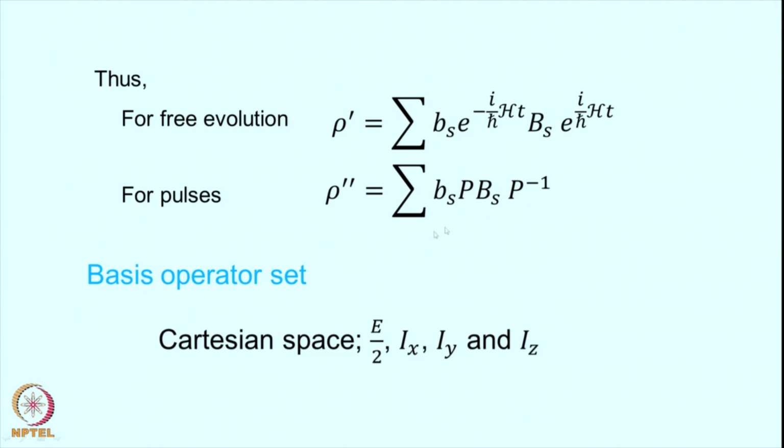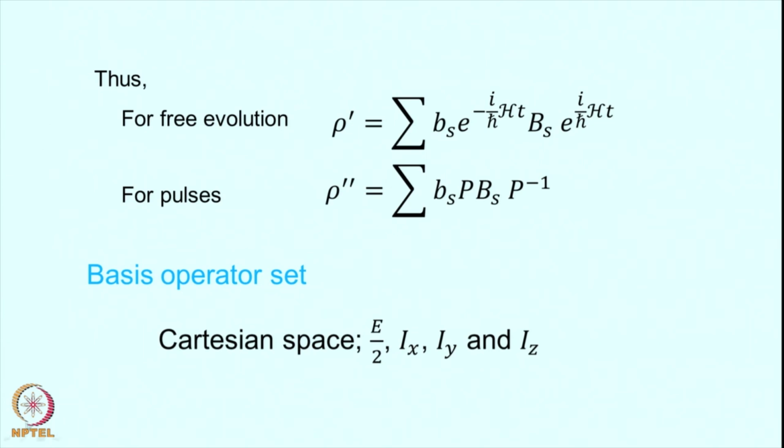Now how do we choose these basis operators? There are many ways of choosing them, and we will take only one of those examples, the one most commonly used for various calculations. For certain situations some other kinds of basis operator sets are also used, but we will use this particular one. In every case, however, these are formed from what we already know as angular momentum operators.